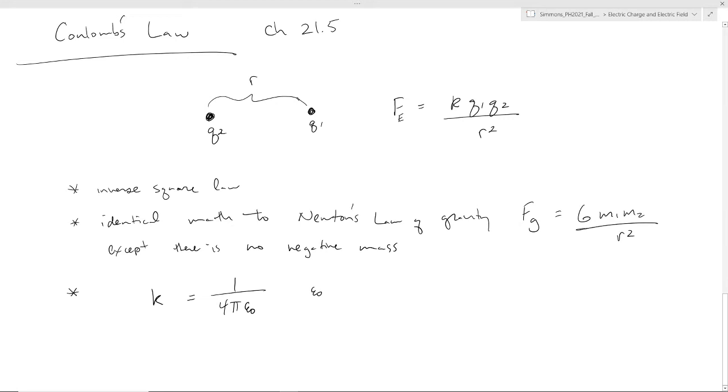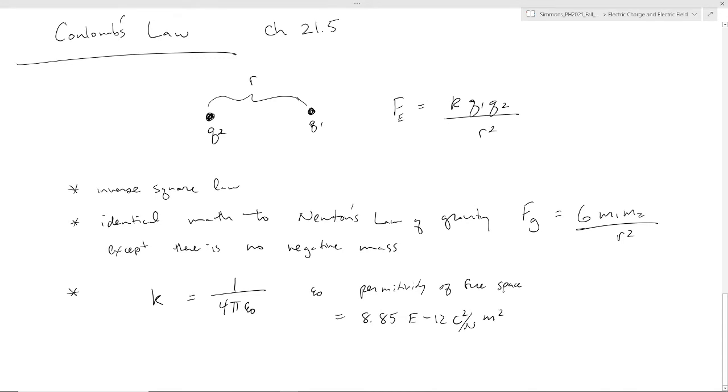It's called the permittivity of free space, and it's related to the speed of light. We'll get into that later, but this number is equal to 8.85 times 10 to the minus 12 coulombs squared per newton meter squared.